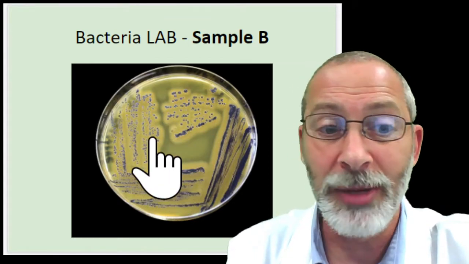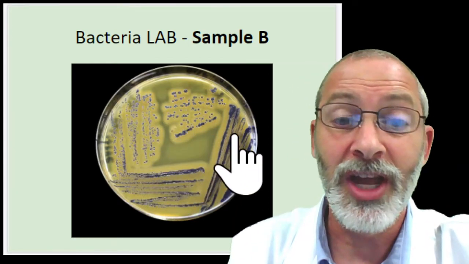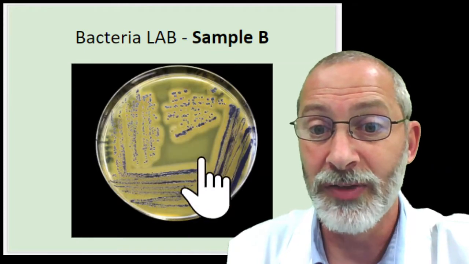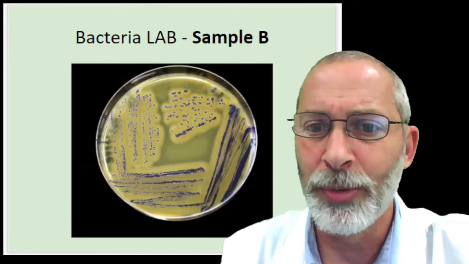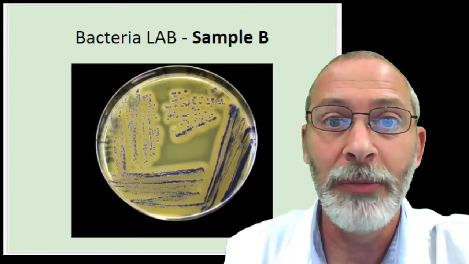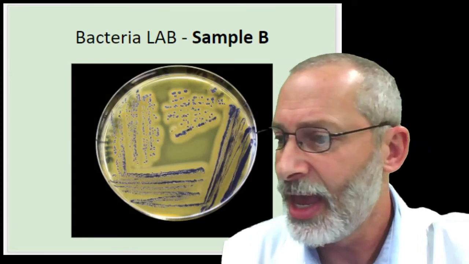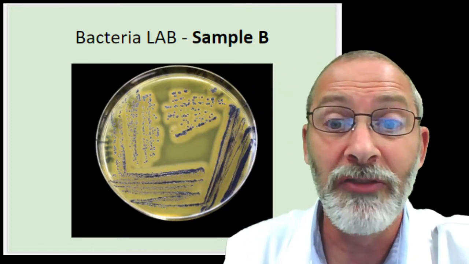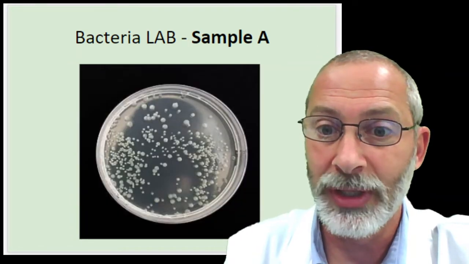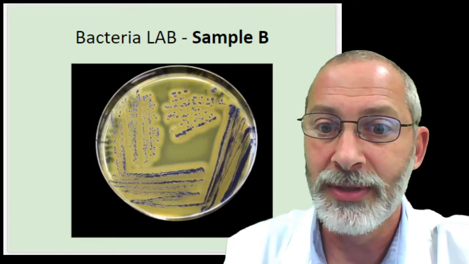They're just the shape of the colonies themselves. But of sample A and sample B, don't say it out loud, but which one do you think is supporting a greater population of bacteria? The toilet seat or the sink?